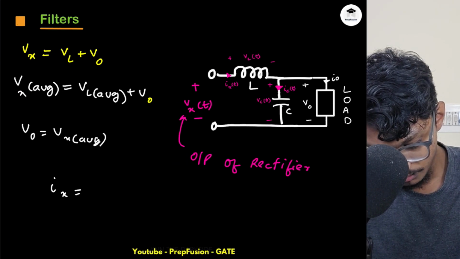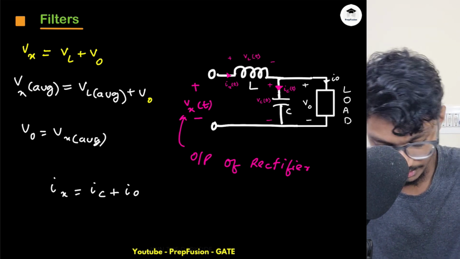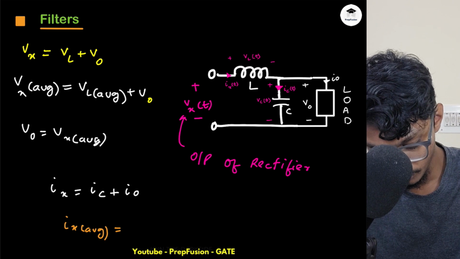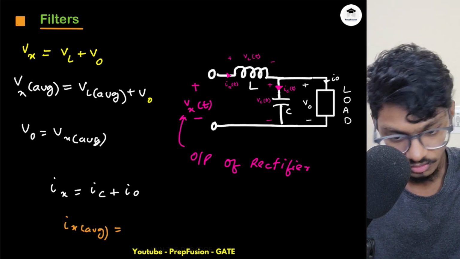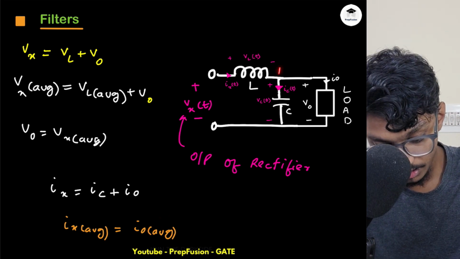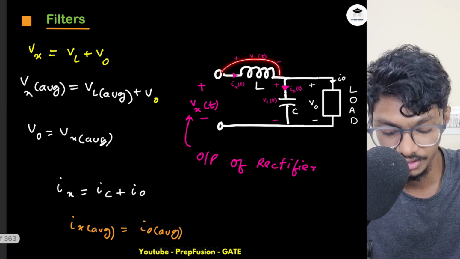My IX equals IC plus IO. So now I can take the average. IX average will be equal to IC average over a cycle, which is 0, plus IO average. So the average current is intact, but due to this inductance, this will reduce the ripples in the current.